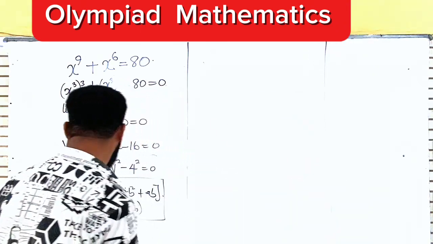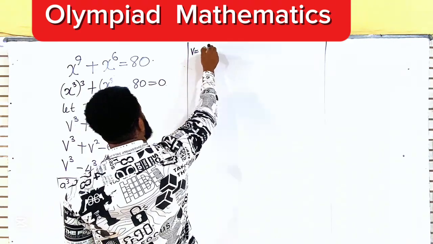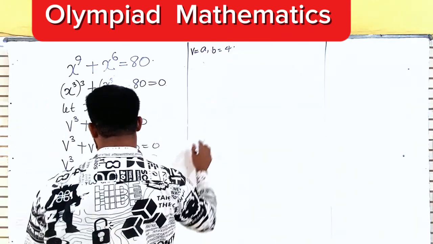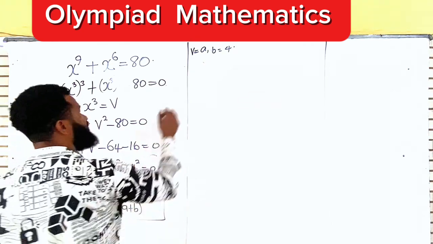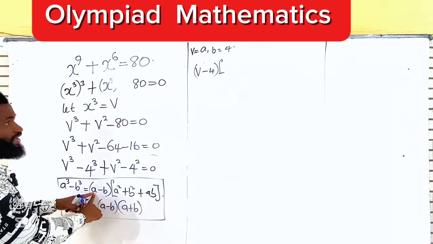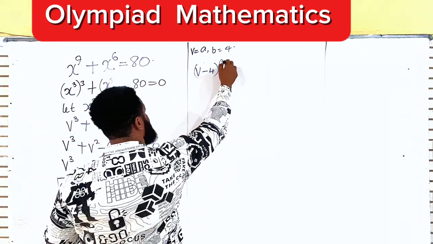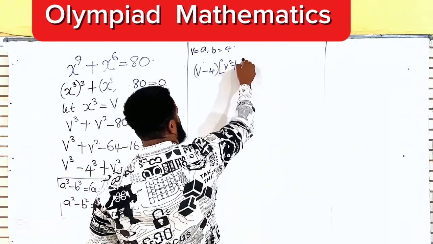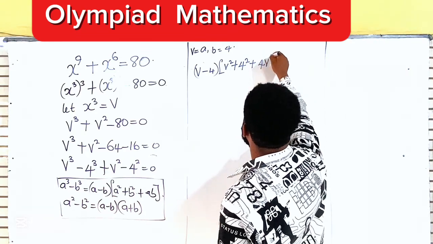All right, so at this place, I'm going to say that my v is going to be my a, and my b is going to be my 4. So in place of v cubed minus 4 cubed, I'm going to have v minus 4, brackets I am putting here. Anywhere I see a, I'll put v. Anywhere I see b, I'll put 4. Inside here again, this is v squared plus 4 squared plus 4v.